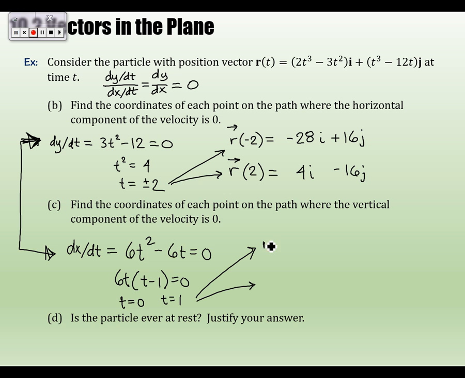Those are easy to plug in. I like zeros and ones. We get 0i, 0j, and negative 1, negative 11.